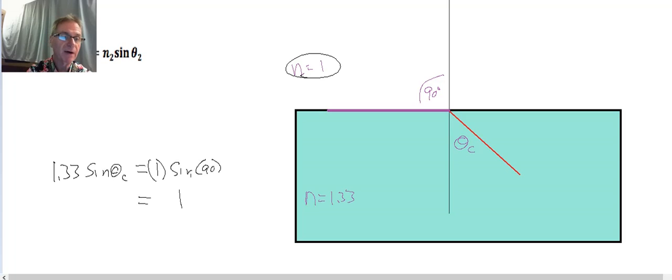If we divide each side by 1.33, we get the sine of theta c is equal to 1 divided by 1.33. Now, 1 divided by 1.33 happens to equal 0.7518.